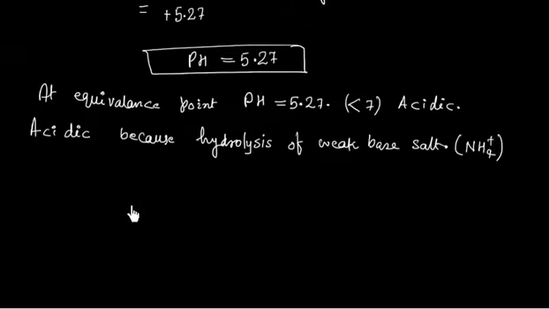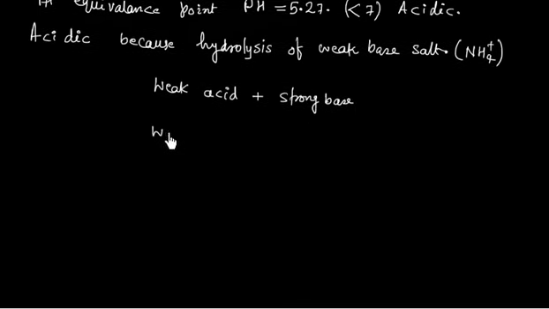So whenever we have a weak acid plus a strong base titration, or we have a weak base plus a strong acid titration, pH at equivalence point is not 7.